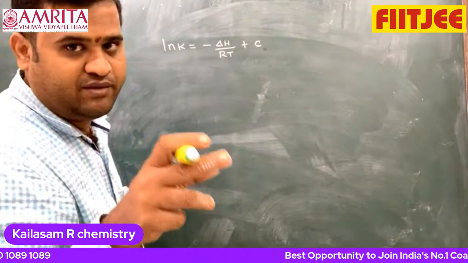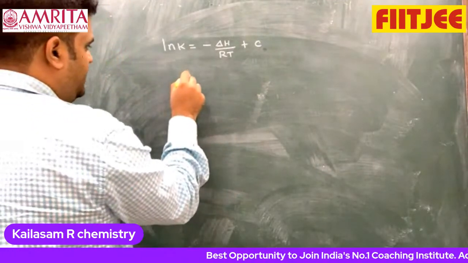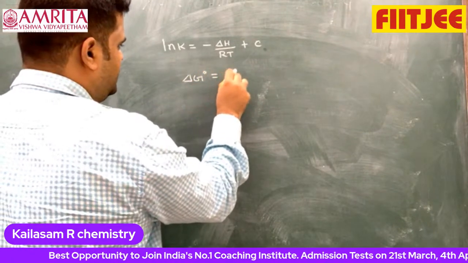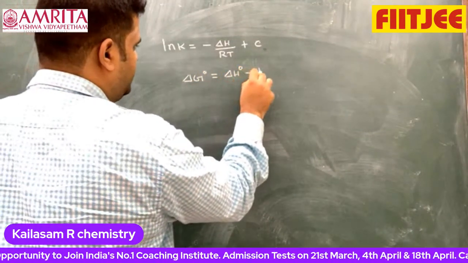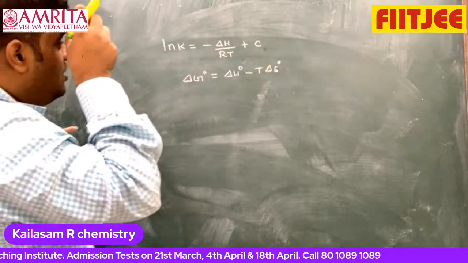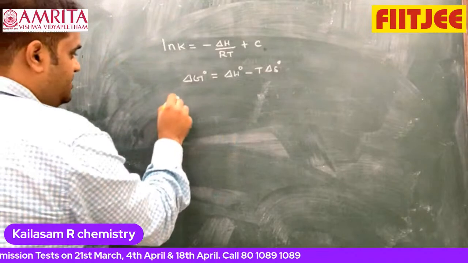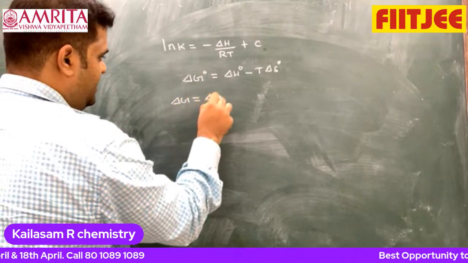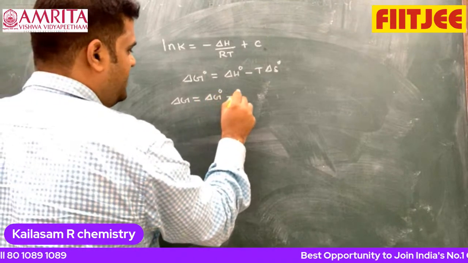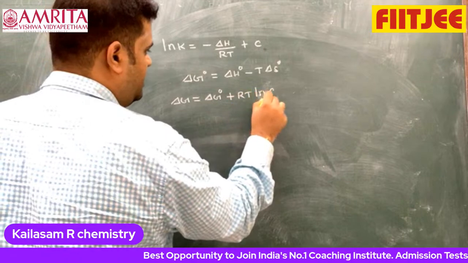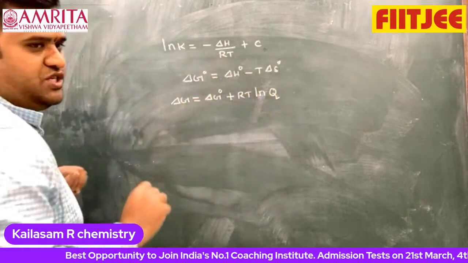In the morning session, we discussed thermodynamics. Delta G naught is equal to delta H naught minus T delta S naught. Right or not, Cesar? We know the equation delta G is equal to delta G naught plus RT ln Q. This is called the thermodynamic equation.